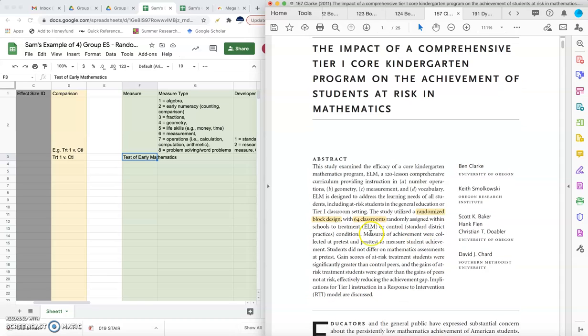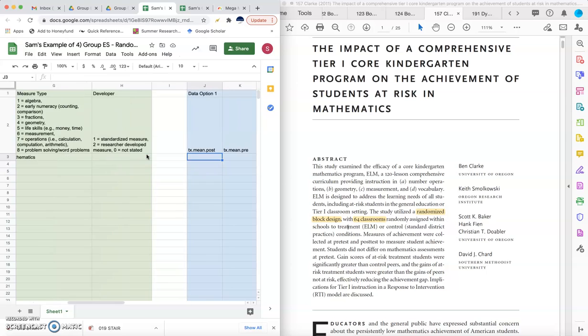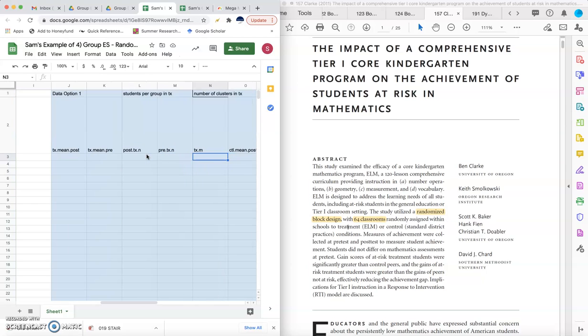The nice thing is it's pretty straightforward to collect this sort of data. We just have to be careful about some of the math we might have to do.